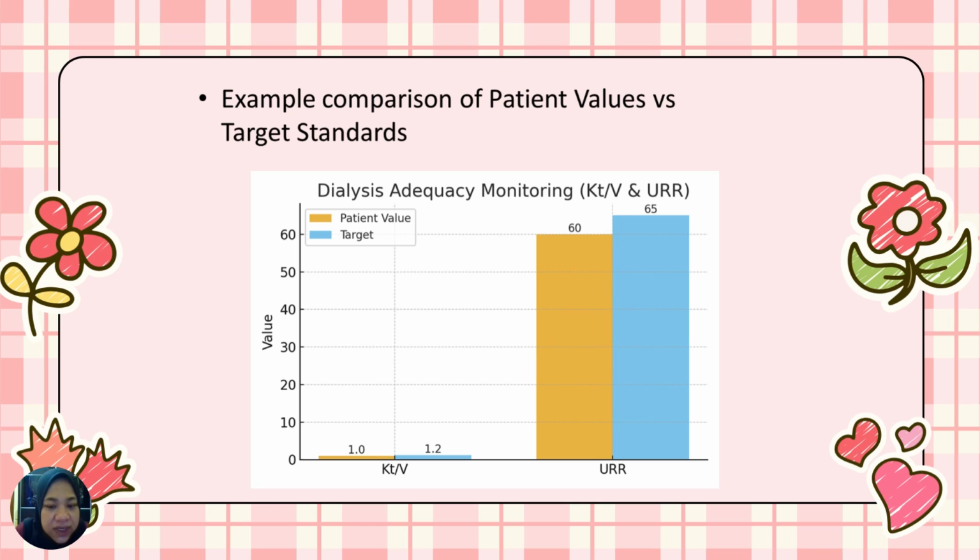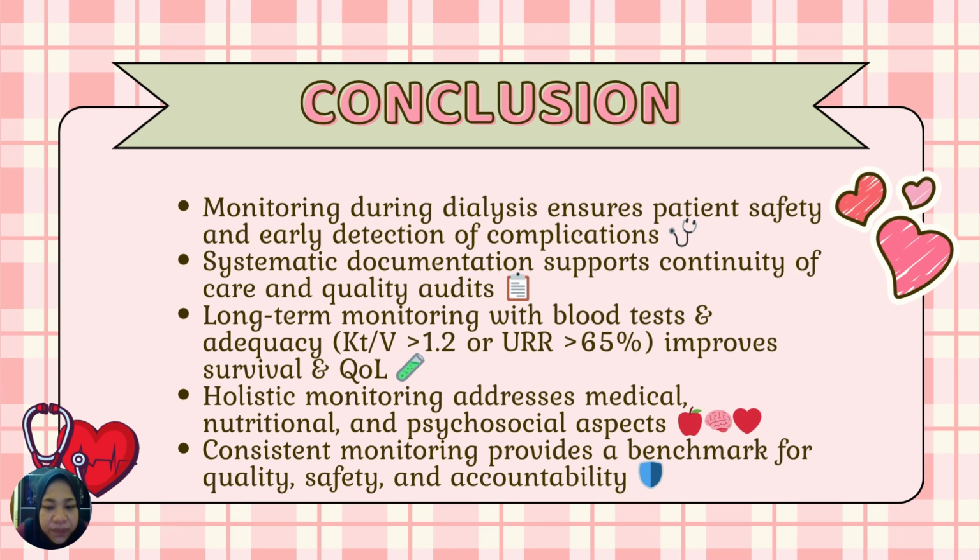This is an example of the comparison of patient value versus the target standard. For URR, the patient value is 60, but the target is 65. For Kt/V, patient value 1.0, the target is 1.2.